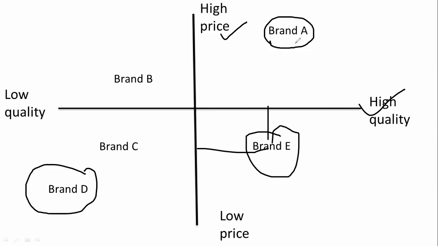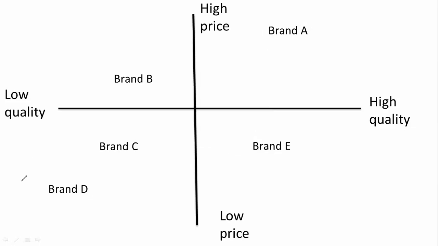When it comes to Spa Salon, this is the place in the customer's mind. When it comes to Fair and Lovely, this is the place in the customer's mind, right? So this is the perceptual mapping. Is it clear?